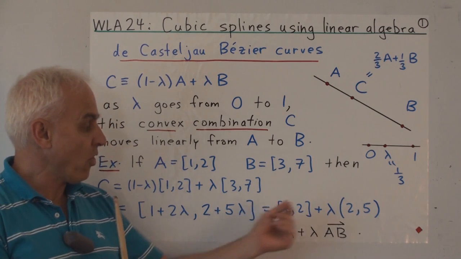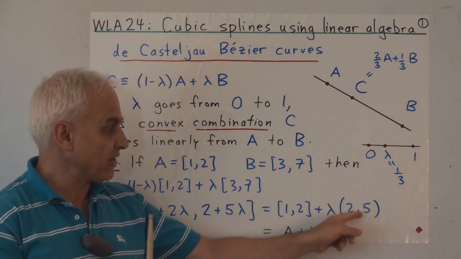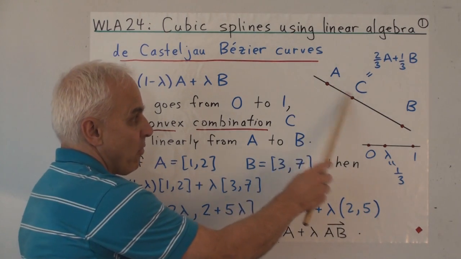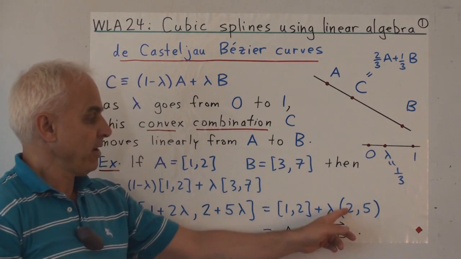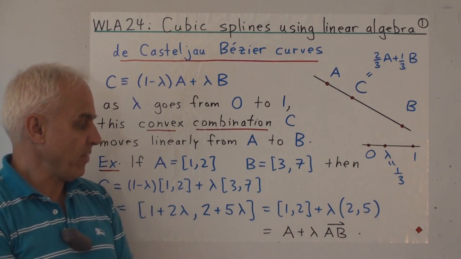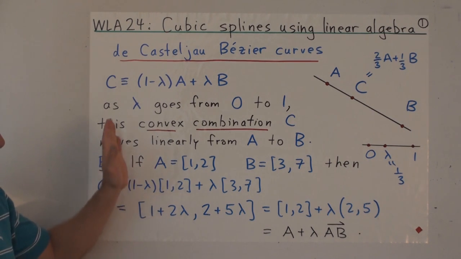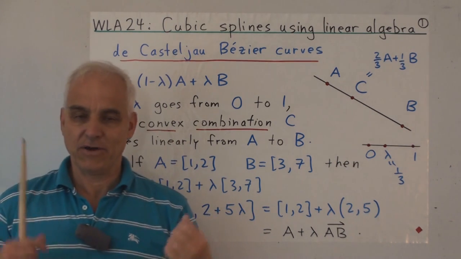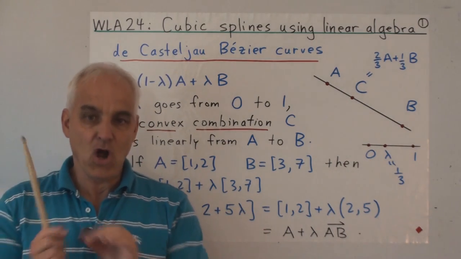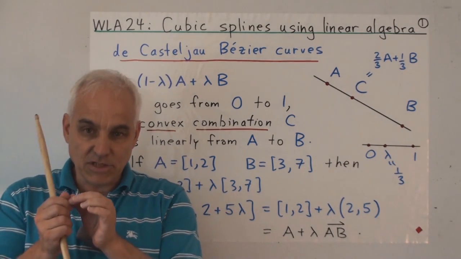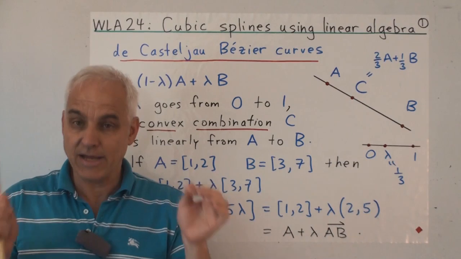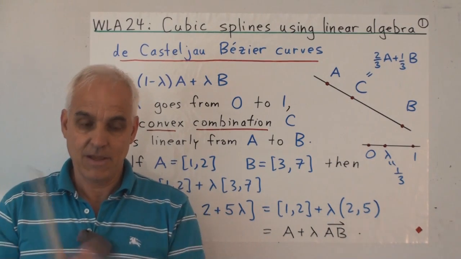And then as lambda grows, we're just adding multiples of this vector (2, 5), getting closer and closer to B, which is what you get when lambda is equal to 1. So it's just a quick review of a very simple, very fundamental convex combination, which allows us to parameterize a line segment. Okay?